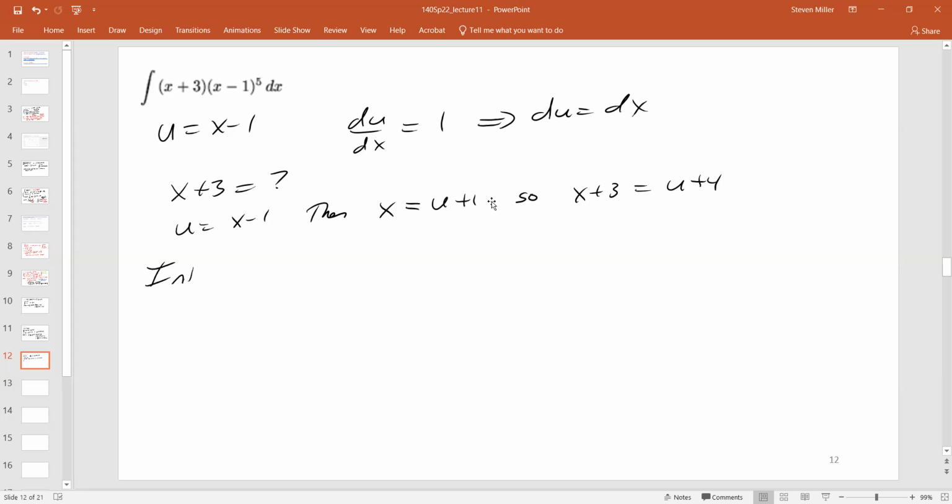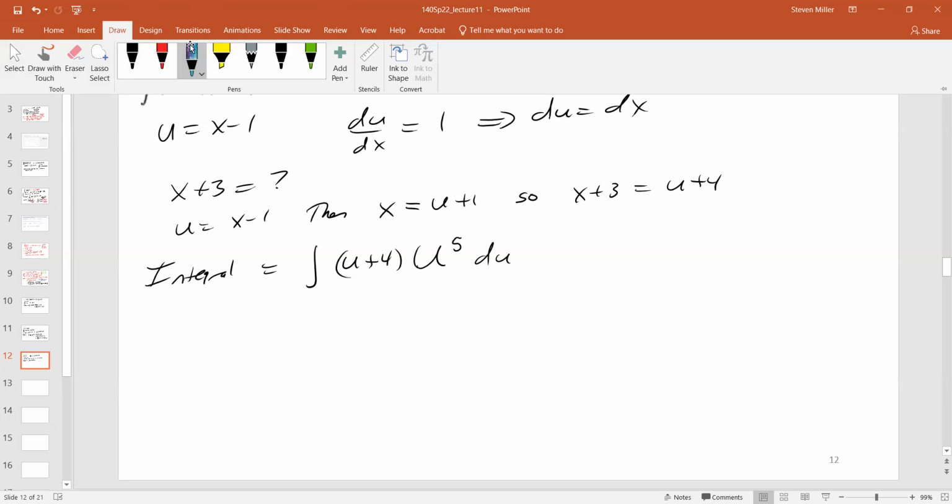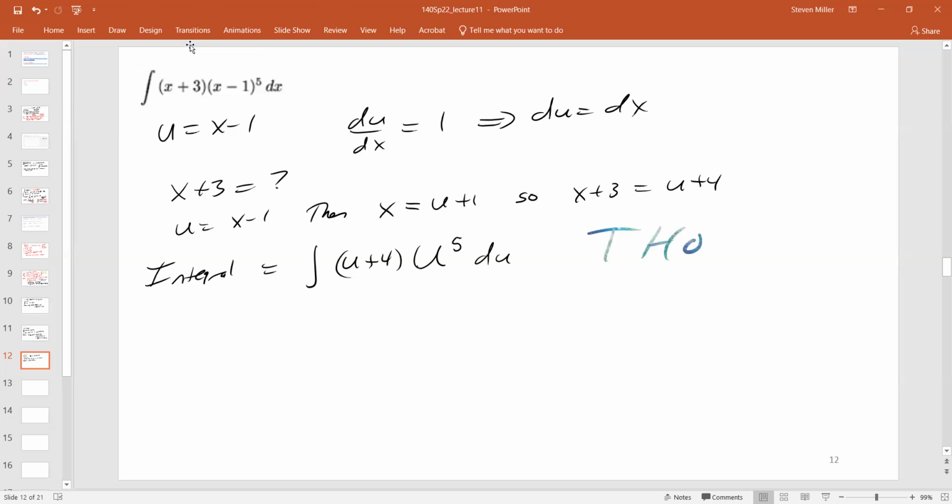And the integral is going to be the integral of u plus 4 times u to the 5th. What should we do now? Distribute.